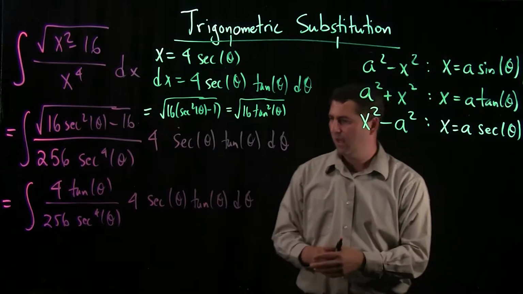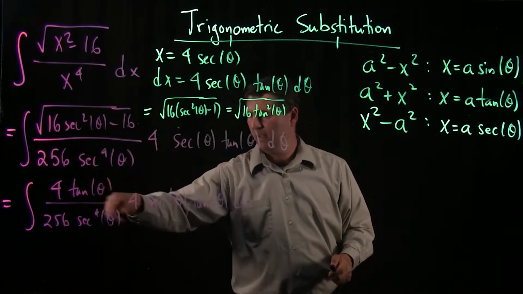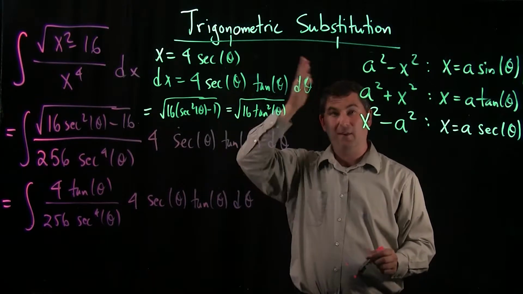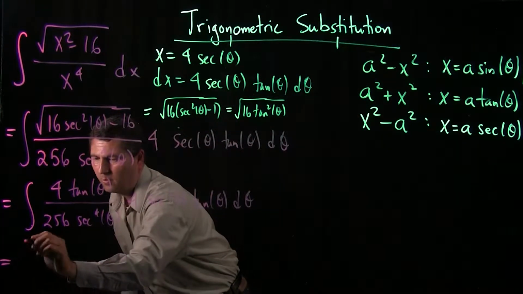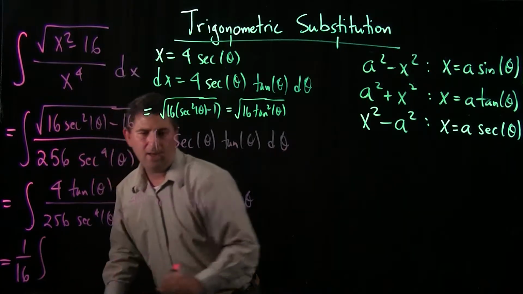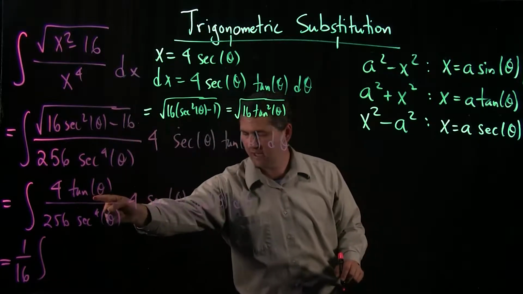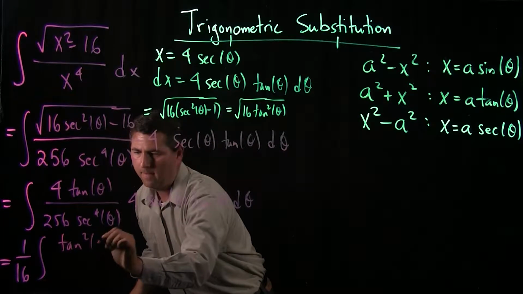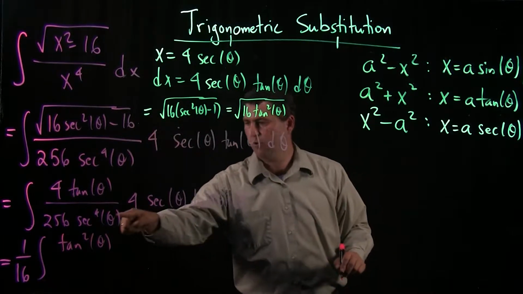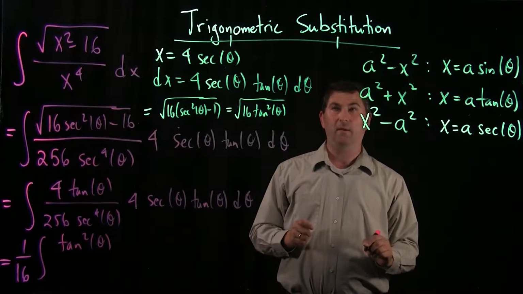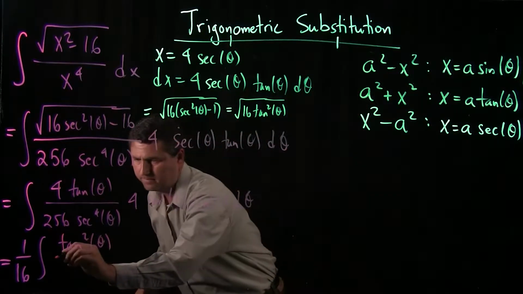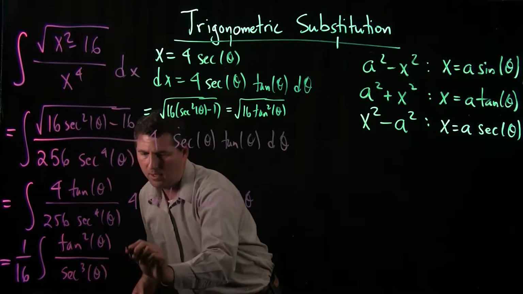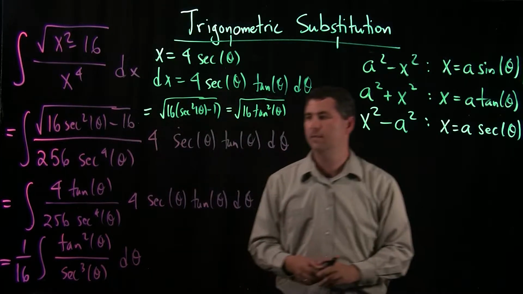We have some constants we can manipulate. 4 times 4 is 16, and 16 over 256 is 1 over 16. Now, what do I have left here? There's a tangent and a tangent, that's tangent squared. Then I have a secant over a secant to the fourth, which will be over a secant cubed. And then I still have d theta.